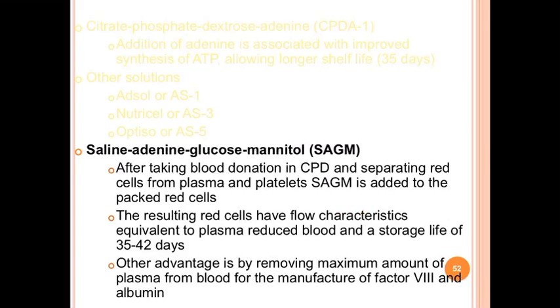After taking the blood donation in the CPD and separating the red cell from the plasma and platelets, SAGM is added to the packed cell. The resulting red cells have a flow characteristic equivalent to whole blood, and the storage life is 35 to 42 days. The other advantage is removing the maximum amount of plasma from the blood for the manufacture of factor 8 and albumin.